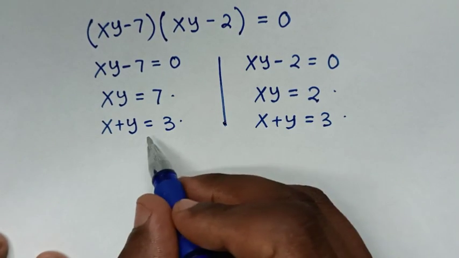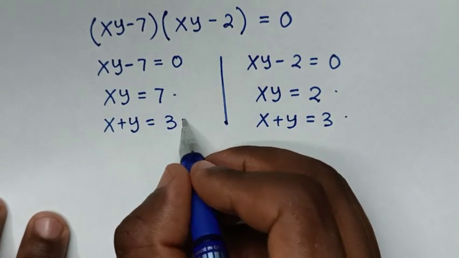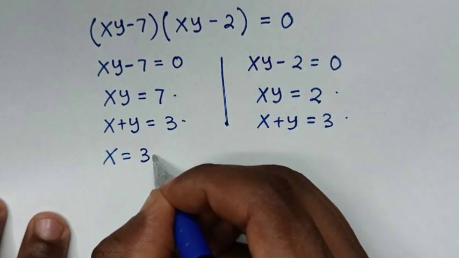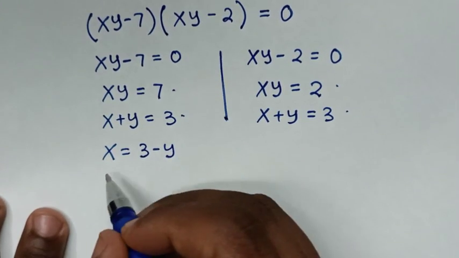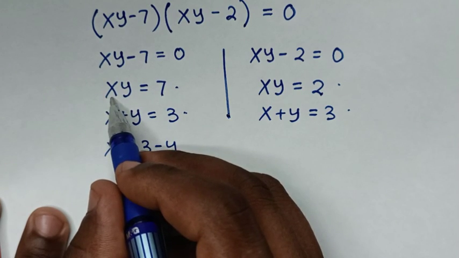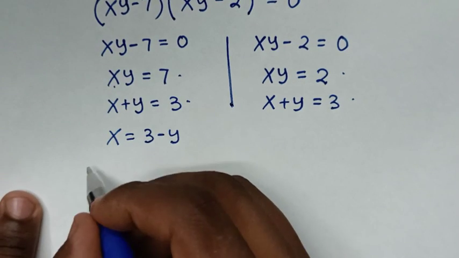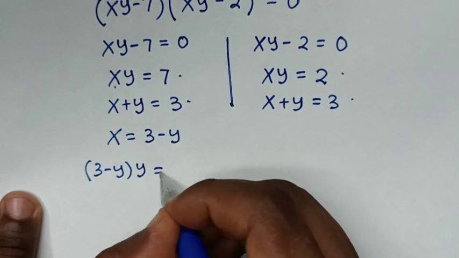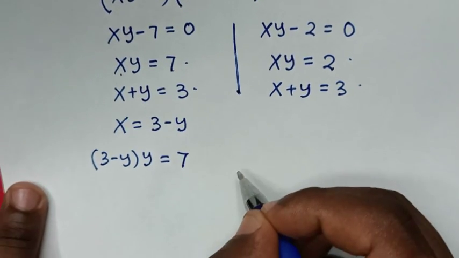Now from here, in this second equation, we'll take y to this side, so x is equal to 3 minus y. Then we substitute the value of x, which is 3 minus y, into the first equation. So it will be (3 minus y) times y is equal to 7.